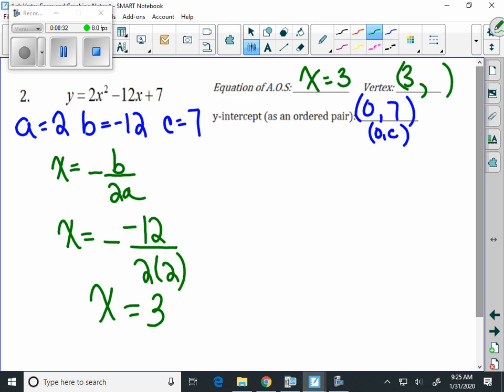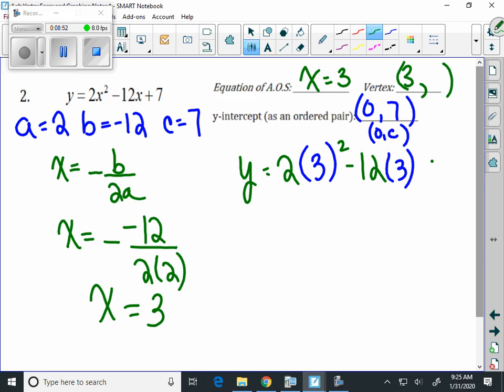And what we need to do to figure out what that vertex is, we're going to take 3, the value that we just found, and put it back into our equation wherever we see x. So it's going to be y equals 2 times 3 squared minus 12 times 3 plus 7.